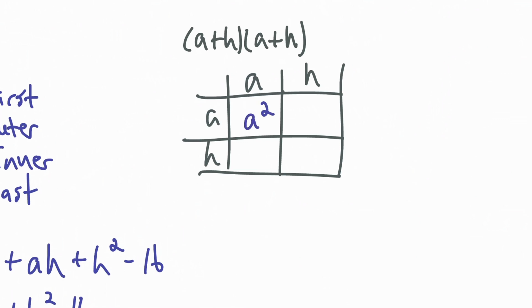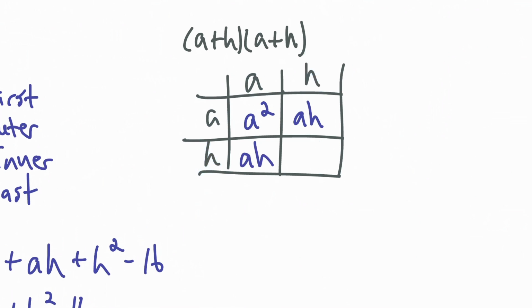Then you look at the next box. Whatever's above it and whatever's next to it at the front of the row, not just what's literally next to it. So a times h makes ah. And then for the next one, you look at what's topping that column, what's beginning that row, a times h or h times a, whichever. And then for the next box, whatever heads that column and begins that row, multiply those. h times h is h squared.